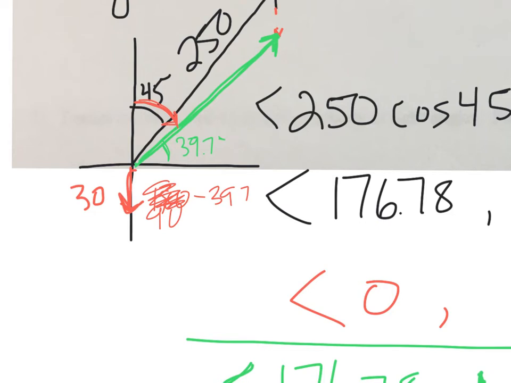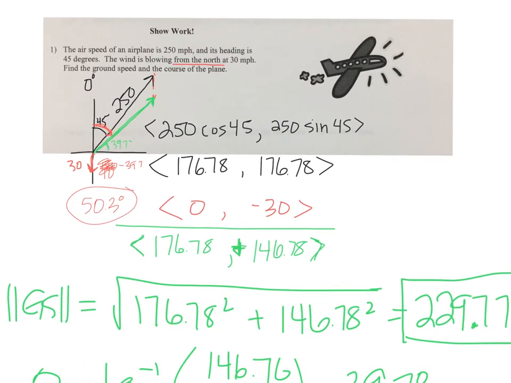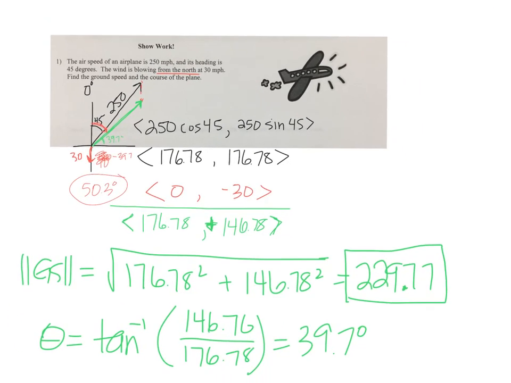That will tell us what the angle from due north happens to be, and that is 50.3 degrees. So with an airspeed of 250 and a wind heading at it at 30 miles an hour, it would actually be flying at 229 miles per hour at a heading of 50.3 degrees.